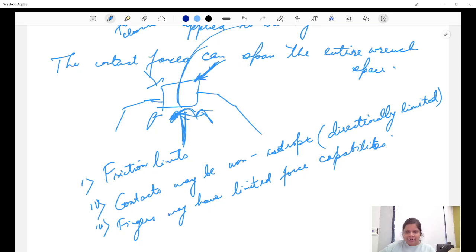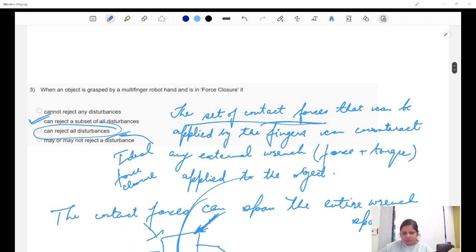So that is why, if there are some geometric constraints or some other limits on the forces that we are applying, this can create a problem. Yeah, only a subset of disturbances would be rejectable in that case. Okay, but it is not the ideal case.